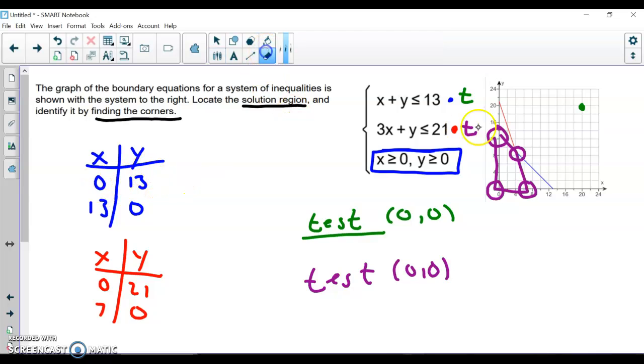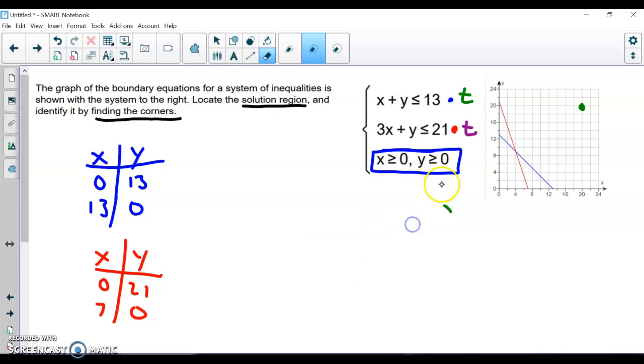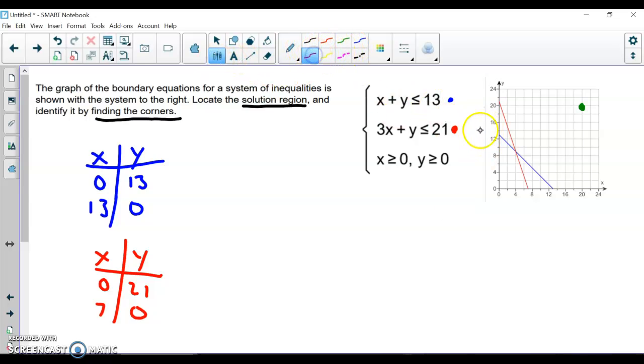So how do we find them? Well, we got to pay attention to what's intersecting there. Let's start with this. I'll call this corner point 1 right here. Well, what's intersecting there? It's the blue line, which is x plus y equals 13, and because we care about the line itself, we'll just treat it as an equal sign for now.